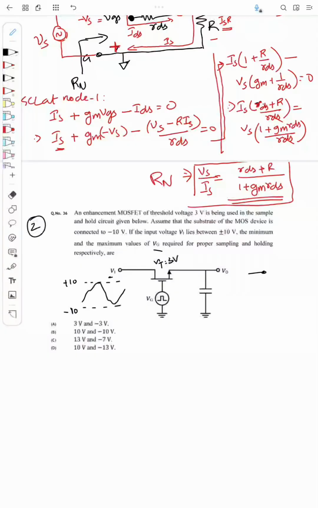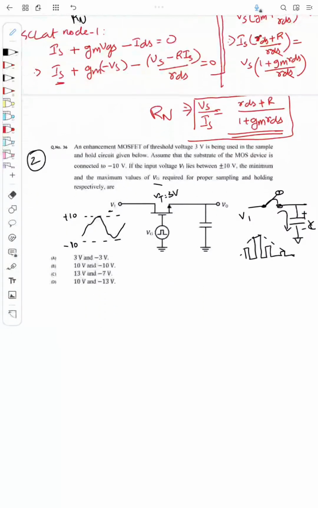It will be something like this. So whatever is the V1, that will be sampled and stored in the capacitor C. And for holding, the Vg will be reduced in such a way that the MOSFET will be off, so that voltage will be held. So I will get some voltage something like this. So sample and hold will give some sampled signal of V1.